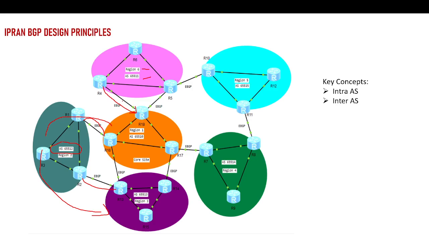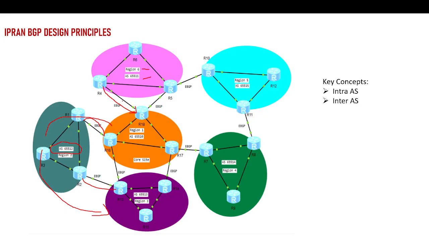Sorry to ask this question. Now, these AS numbers in different regions, can they be referred to as an IPRAN region, where those IPRAN regions in different AS are connected to the IP core in a different region?